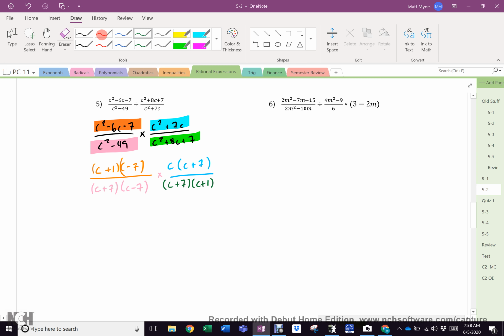Then I have to NPV, and I have to NPV both of them because it was originally a division question. So c cannot equal 0, -7, -1.